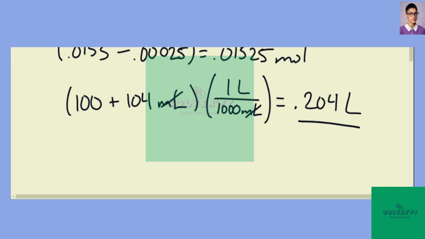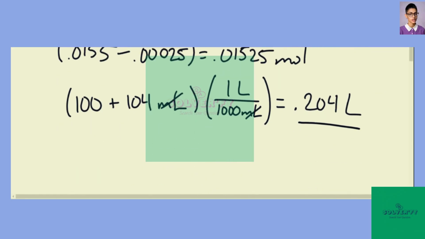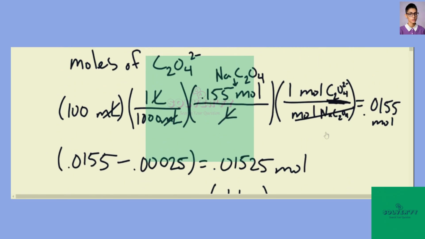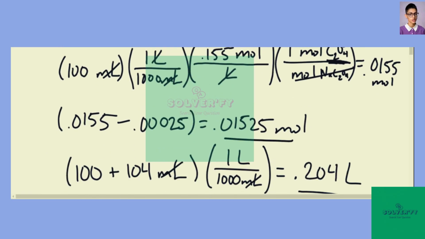Now we need to find the molarity. We have the moles, and we have the correct volume, so we need to find moles per liter. So what we do is we take 1.5 times 10 to the negative 2, which is this number up here, the number of moles, okay?